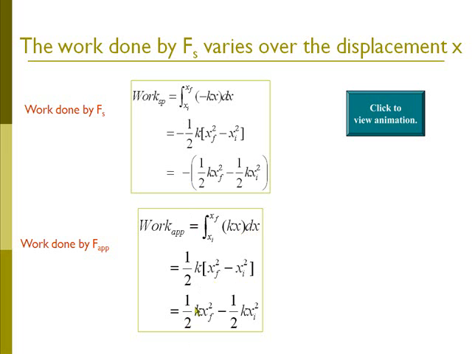So we might say that when the applied force does work on the spring, it technically has a gain in energy. When the spring force does work on the spring, it loses energy. Let's view an animation of the spring force doing work.